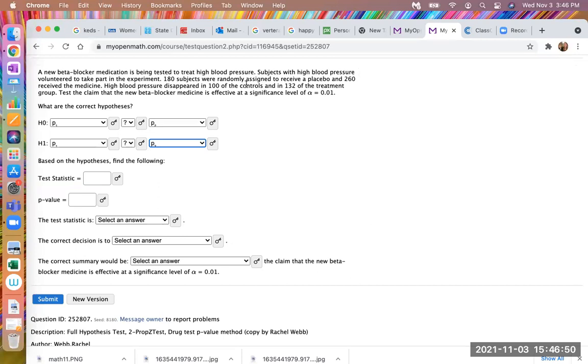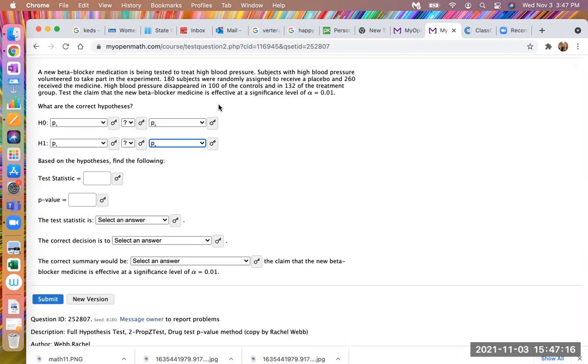It looks like, if this medicine works, they wanted to know, is the medicine effective? That means the proportion for whom the high blood pressure disappeared should be larger in the people that are getting the treatment.